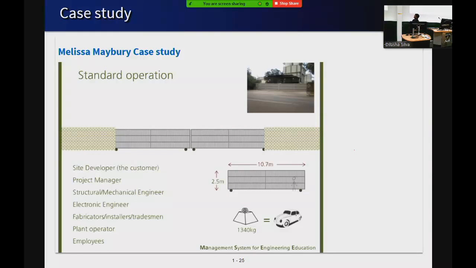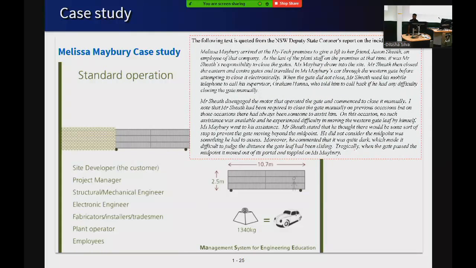So this is called the Melissa Maybury case study. It is actually a case study provided by Safe Work Australia as to basically how not to do a design. Well, more like what things can go wrong and what you need to be wary of. Can you read that? Barely.